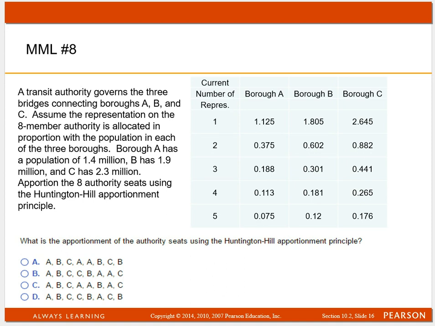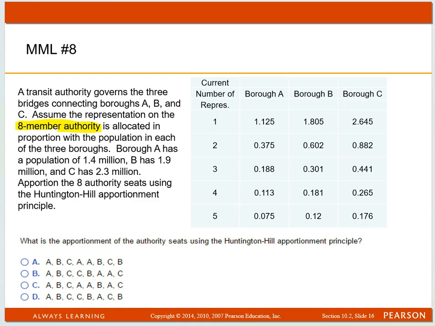Okay. My Math Lab number 8 has a chart full of Huntington Hill numbers that have already been calculated. And what they want you to do is figure out, a transit authority governs the three bridges connecting boroughs A, B, and C. Assume the representation on the 8-member authority is allocated in proportion with the population in each of the three boroughs.